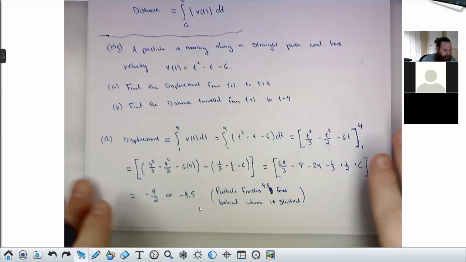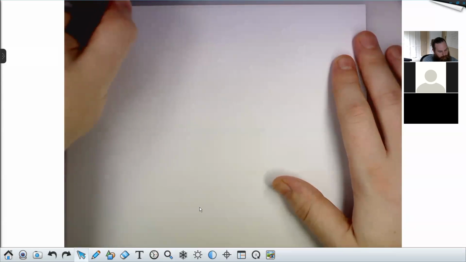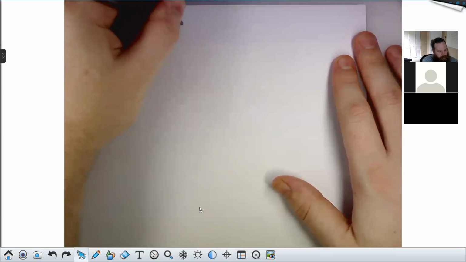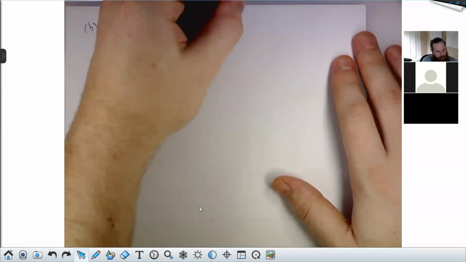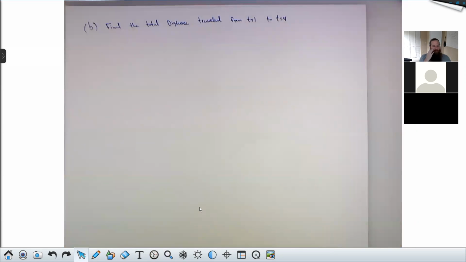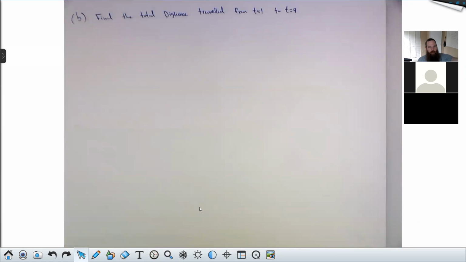Questions on part A? Okay, part B is a little trickier. Now, if my particle was only ever moving backwards, then that negative 4.5 would tell me how far I went.